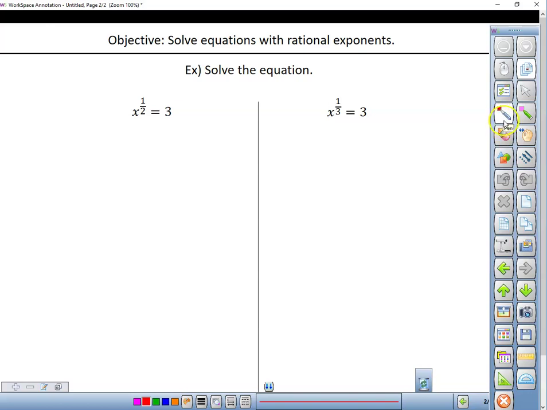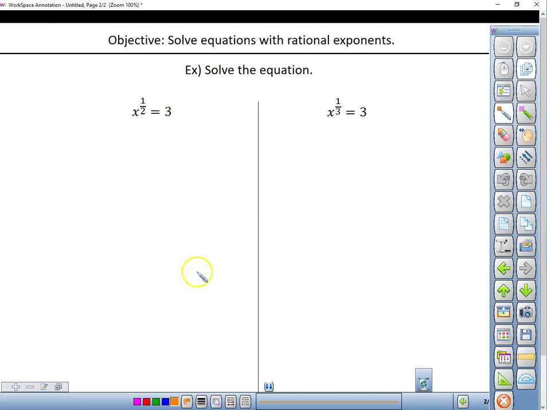Both of these we have seen in our other lessons, but not written in this format. So the first one here is simply the same thing as the square root of x equals 3. I'm going to go ahead though and solve it in this particular structure rather than change it to its radical structure to show you that it's very doable in this form also.